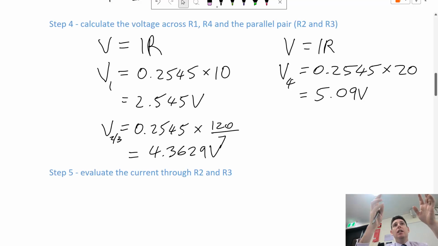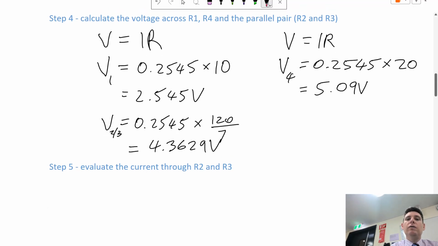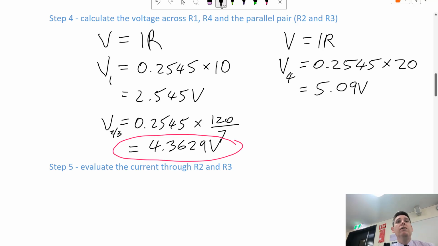Now we're looking at resistor 2 and 3 not as one. So they are separate resistors, but we know the total voltage across these two resistors is that. It's not 12, it's that. Okay?